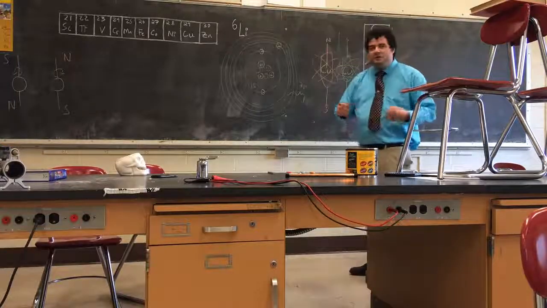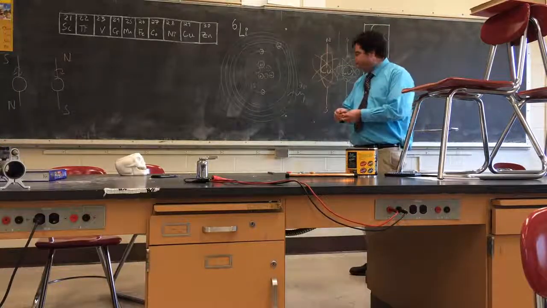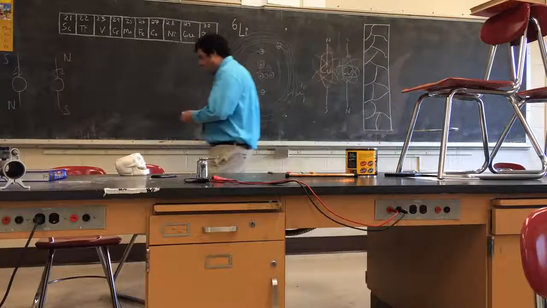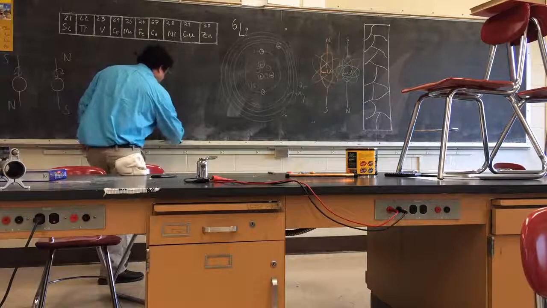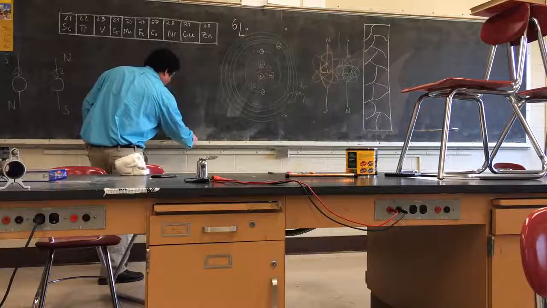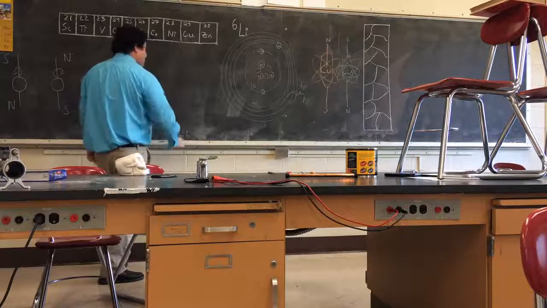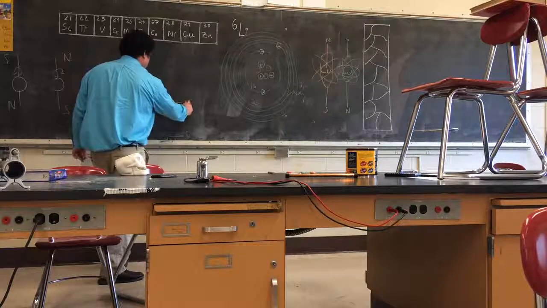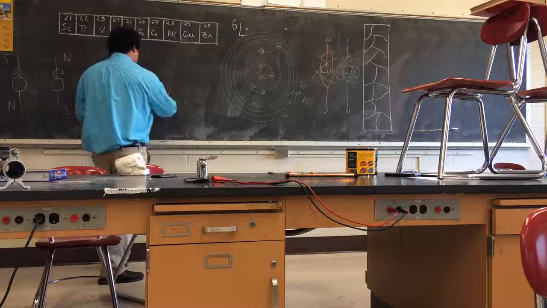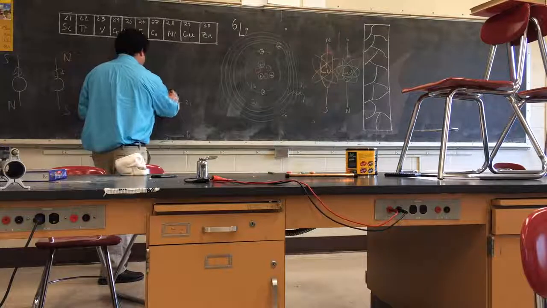So we add electrons in one by one, and if we were going to add lithium's electrons in, our lowest energy orbital was our 1s, and then we had a 2s, and then we had our 2p's.